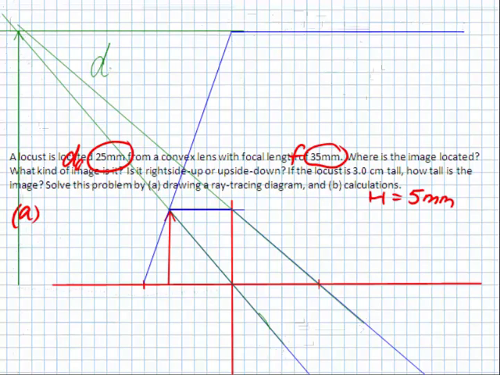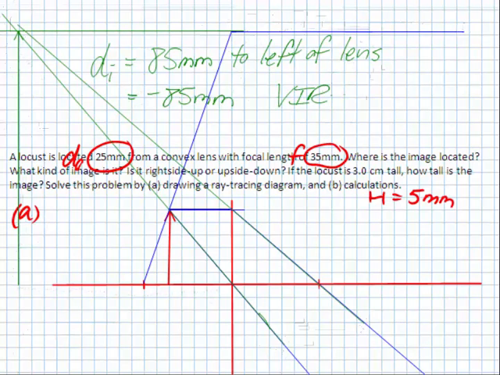So DI is 85 millimeters to the left of the lens. And so another way of saying that is negative 85 millimeters. It is a virtual image because the rays never actually come from this point. They're never actually there. They just look like they come from that direction.